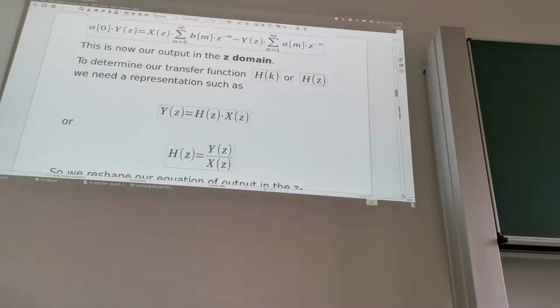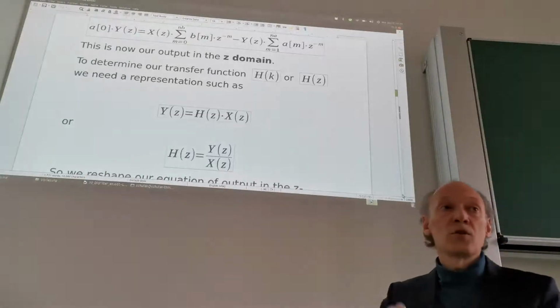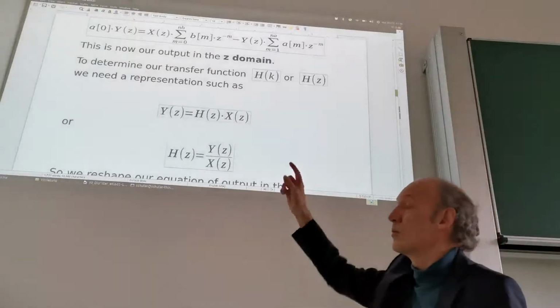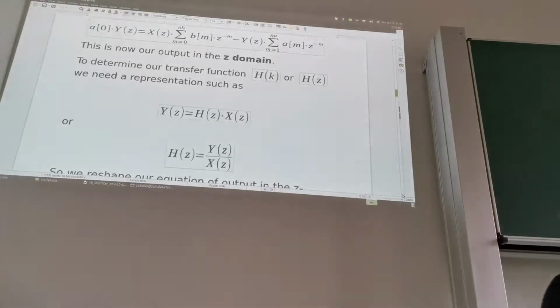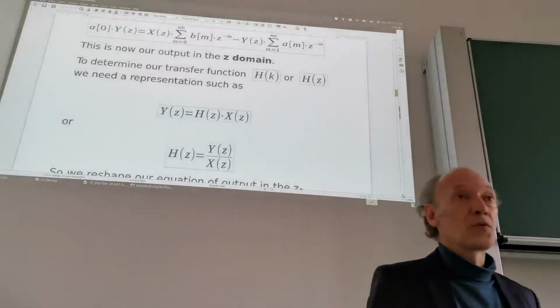And in the Z domain or the DFT domain, we just take the output at each frequency bin and divide it by the input at each frequency bin. And the same here in the Z domain. Right. So we have the output for each possible Z divided by the input for each possible Z, where the Z is then on the unit circle.